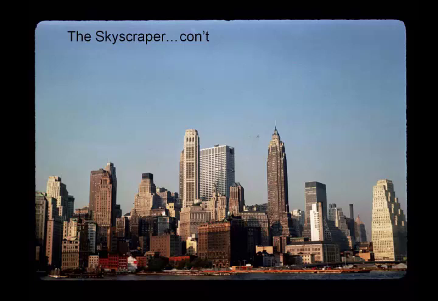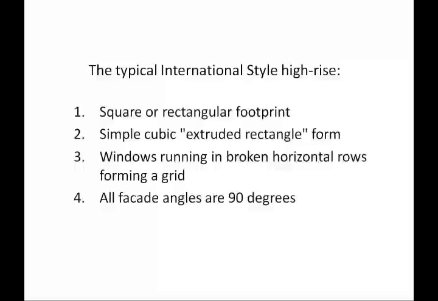So what does this do? Well, first we have what we would call the typical international style high-rise. And these are some characteristics of this kind of structure. So a square or rectangular footprint, simple cubic extruded rectangular form, so you can think of it as that footprint just extruded, very orthogonal.